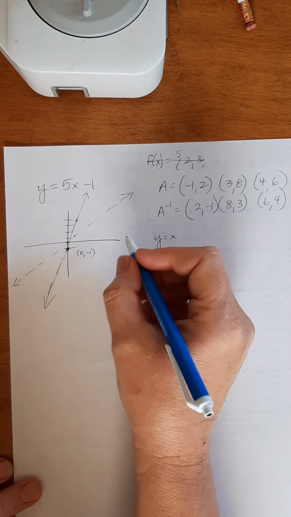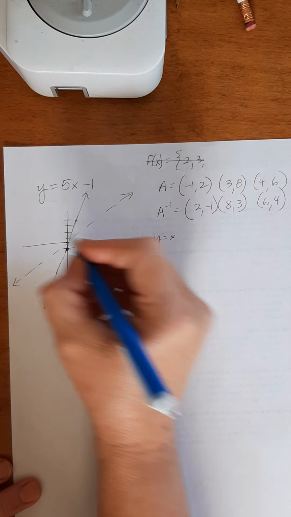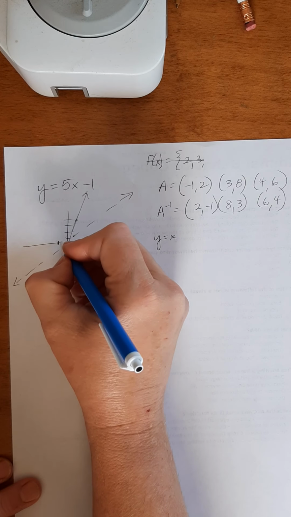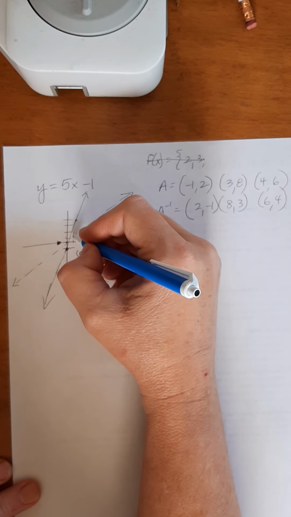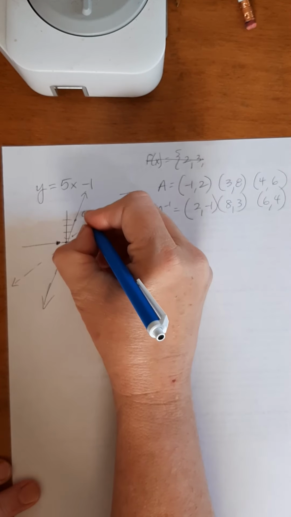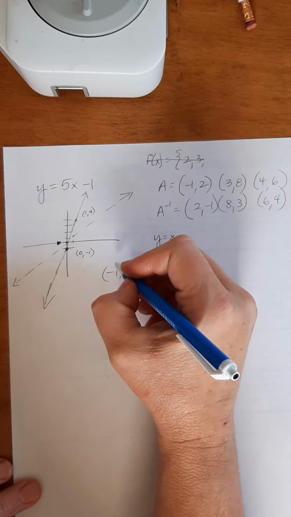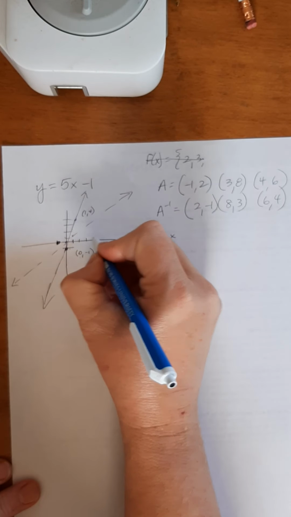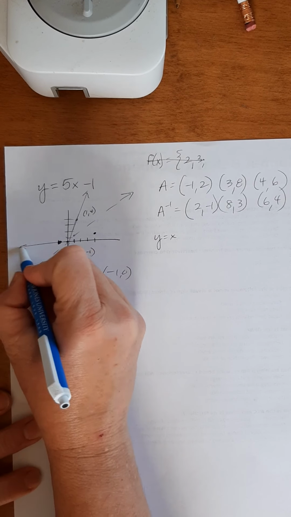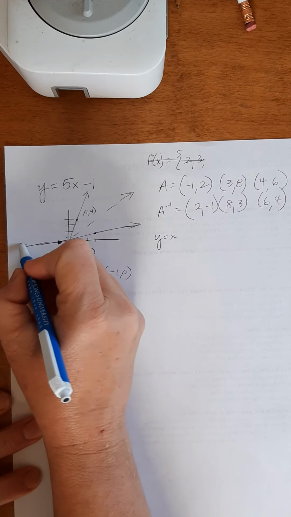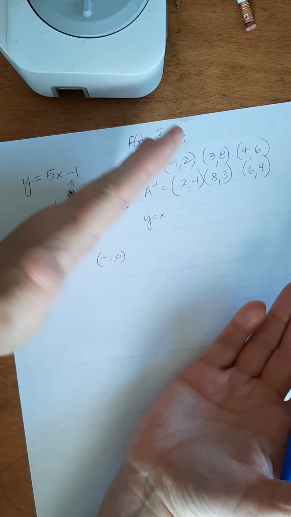So on the inverse graph, it's going to be -1, 0, which is here. Over here, we did 1, and then 1, 2, 3, 4. So that means on the inverse, it's going to be 1, 2, 3, 4, 1. And when you connect your two dots, see how it's reflective over the line y equals x.